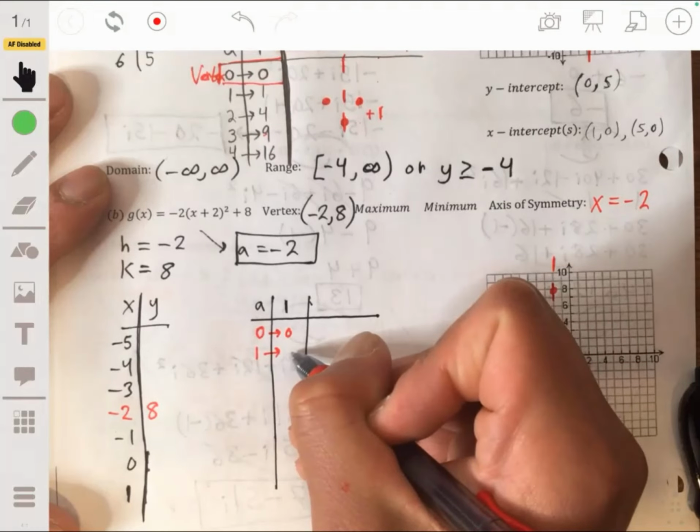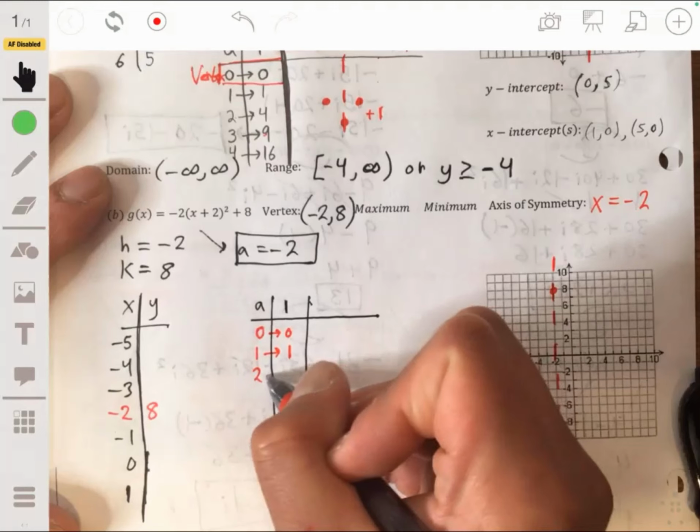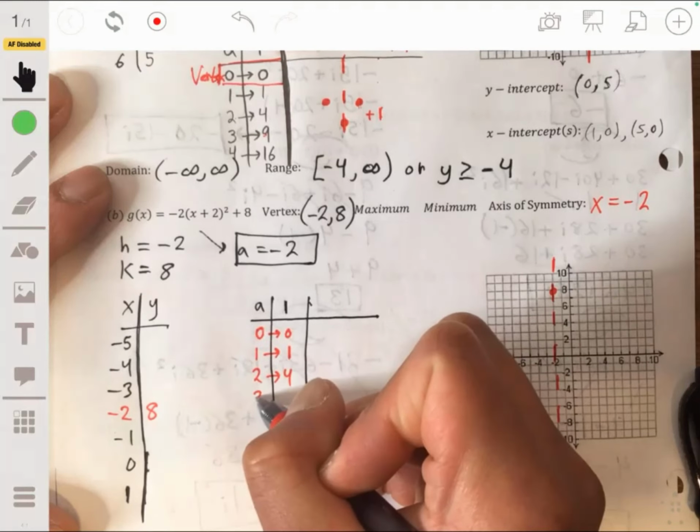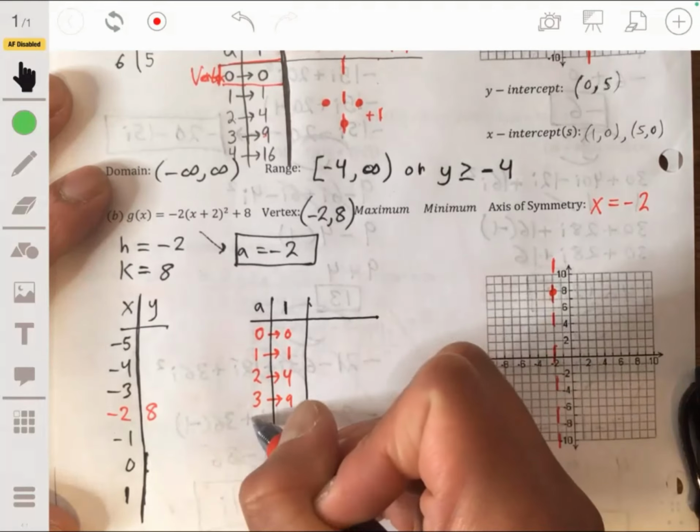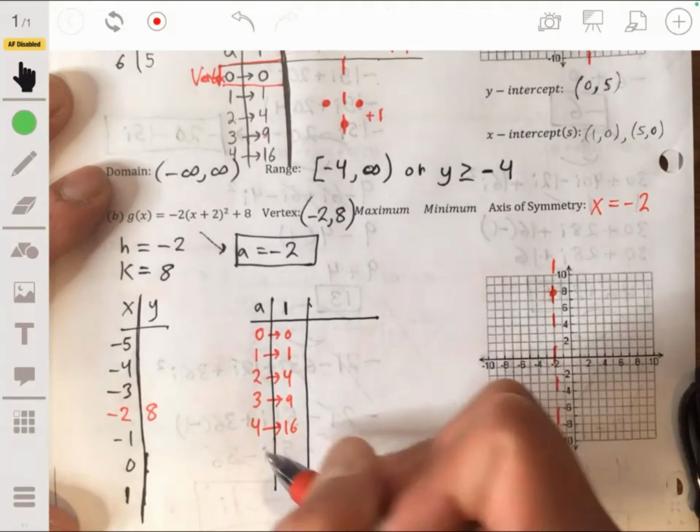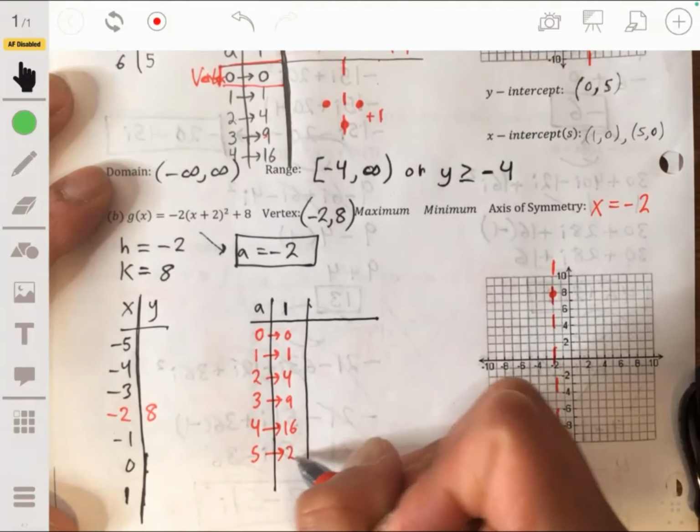When you're 1 unit away, you go up by 1. When you're 2 units away, you go up by 4. When you're 3 units away, you go up by 9. When you're 4 units away, you go up by 16. When you're 5 units away, you go up by 25.